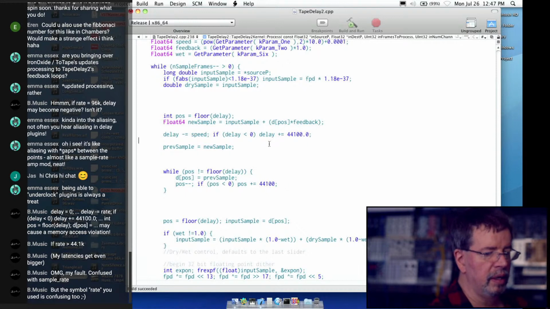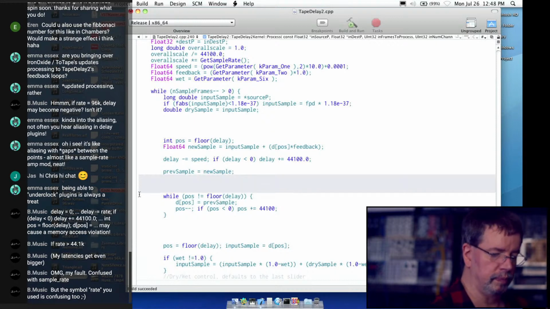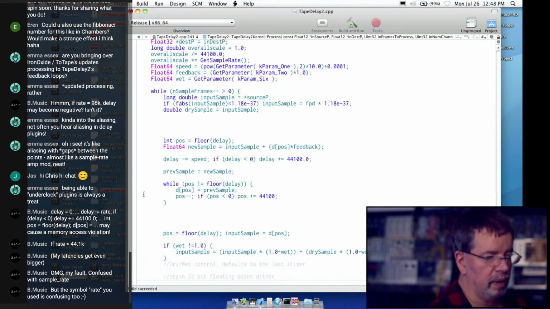Delay minus equals speed. So we can use this speed factor as part of our calculations also, but right now we're not going to do that. Here's our information coming in.